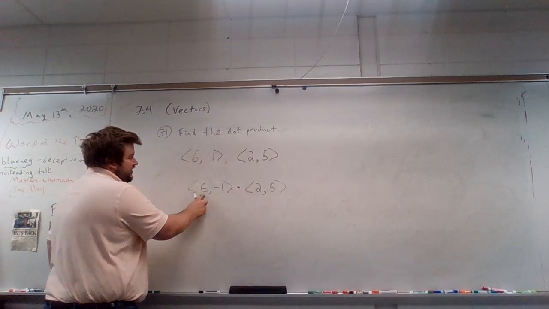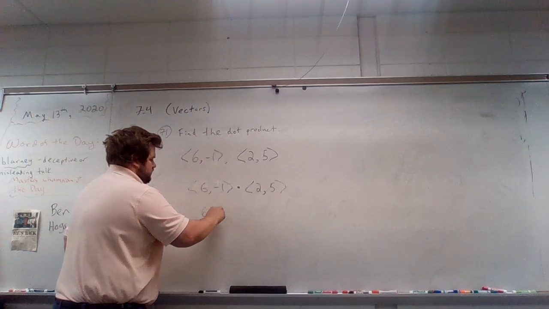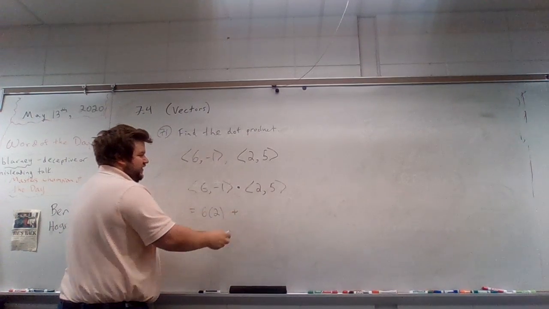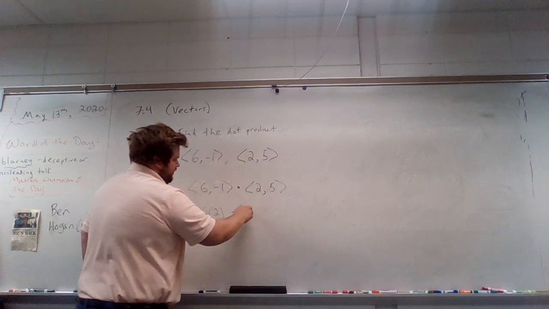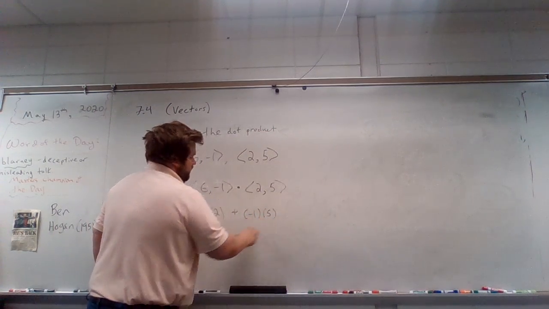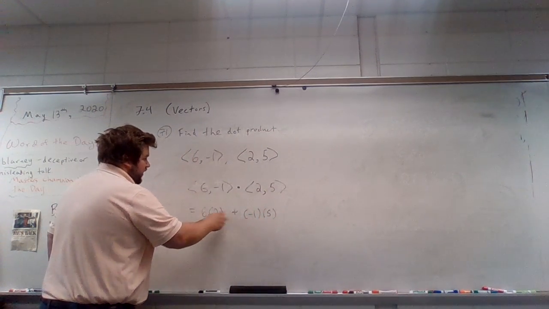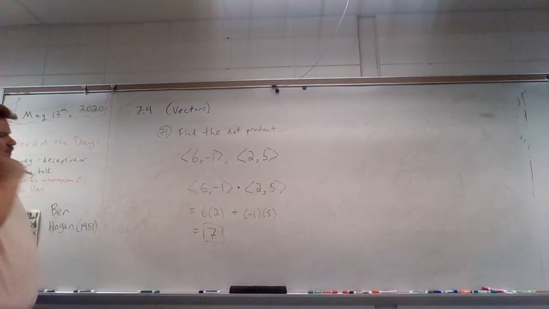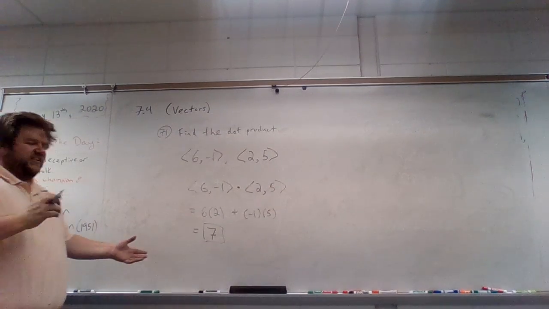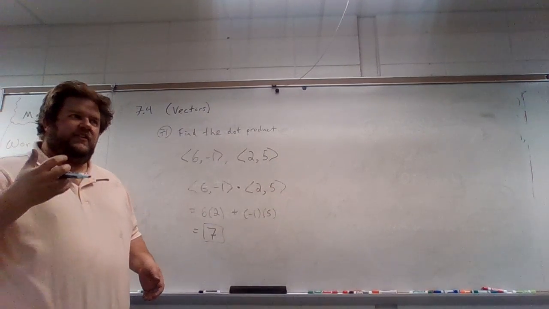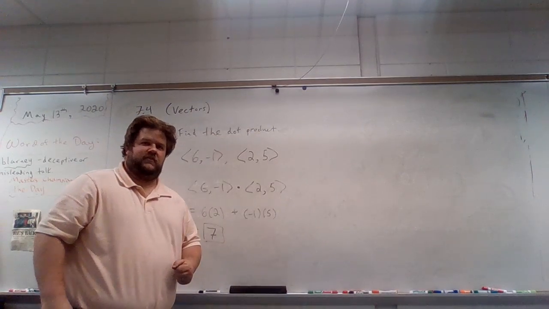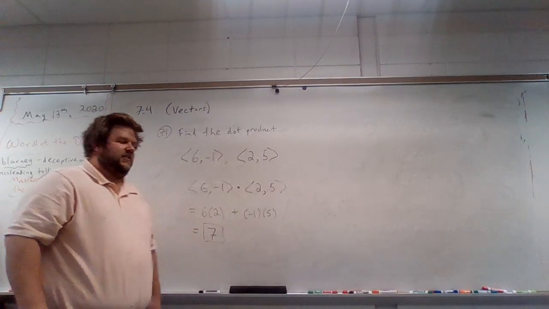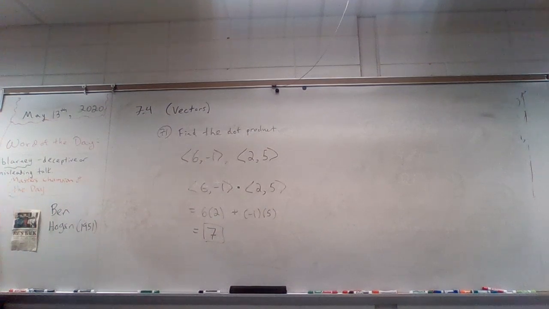And to find that, I just do 6 times 2, and then plus -1 times 5. So this is really 12, and then minus 5, that's really just 7. So you're going to get some number. So I take two vectors, I do this dot product, and I end up with a scalar. So it's a way to combine vectors to get a scalar. And then the number tells us something about the relationship between the vectors.